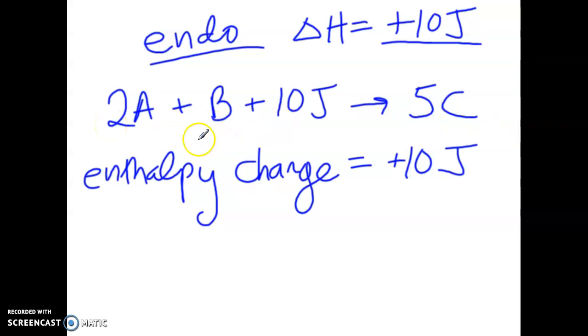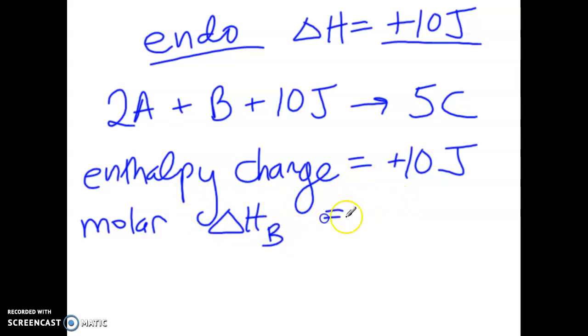Technically, it is only the molar enthalpy change for B, because B has a coefficient of 1. I'm just going to use delta H instead of writing enthalpy change every time. So the molar enthalpy change for B would be 10 joules per mole of B, correct? Right, so the coefficient is 1.